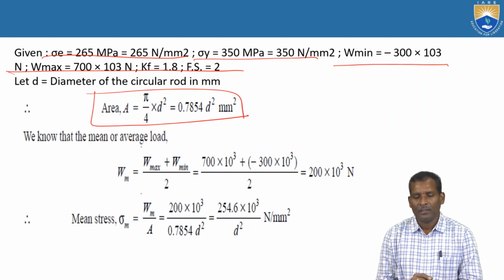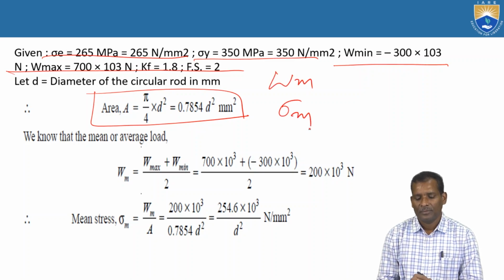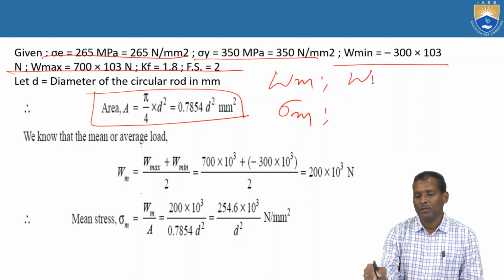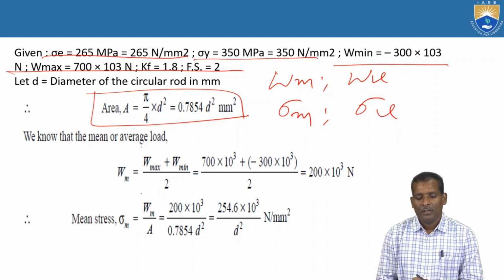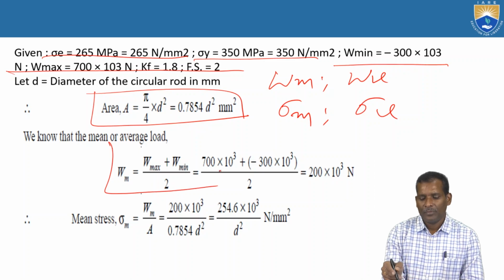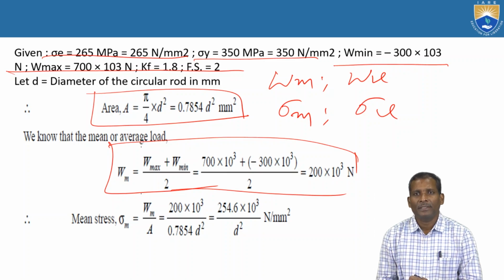Now calculate the mean load and mean stress, and similarly the variable load and variable stress. The mean or average load is calculated as W max plus W min on 2. Substitute the given maximum load 700 and the minimum load minus 300.